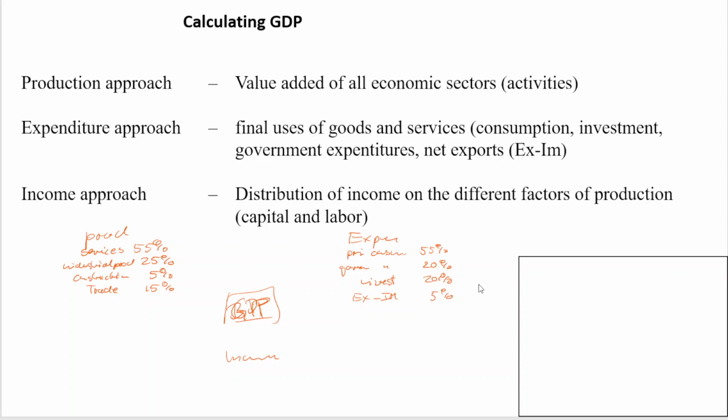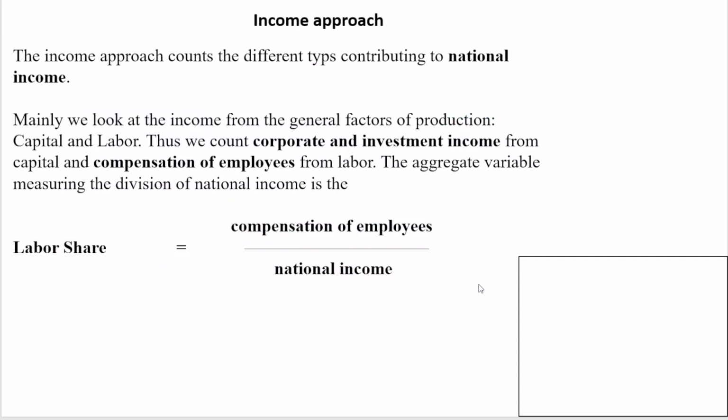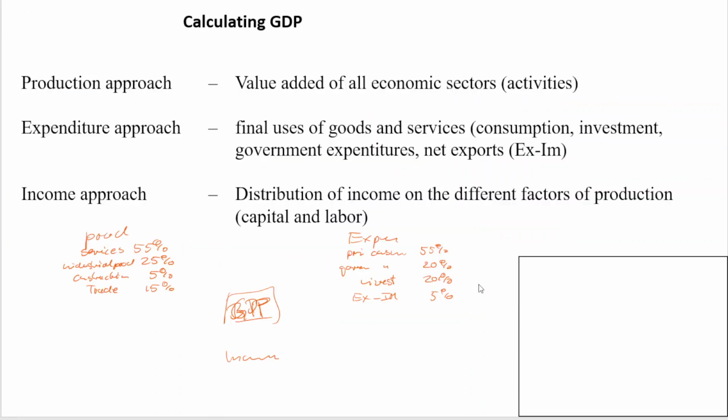And income, which number gave I here to you here? This was labor share only, roughly 2/3 or 70% or something like this.